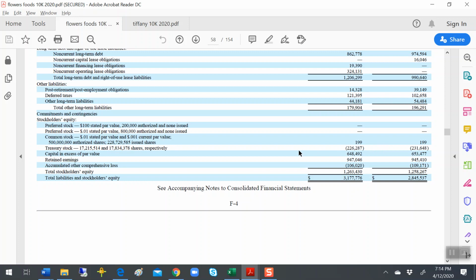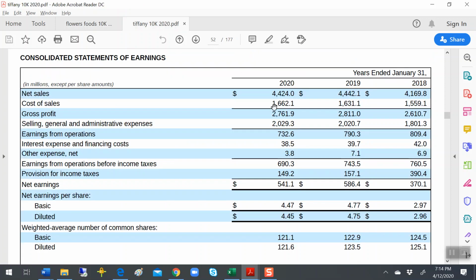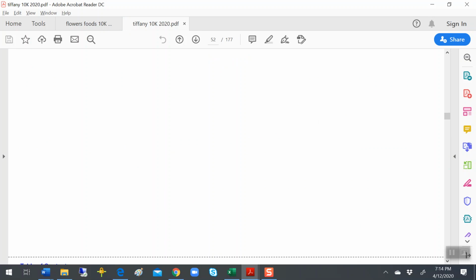But what people actually paid is the common stock plus the capital in excess of par value. So what people actually paid gets split into two pieces: common stock and then paid in capital, capital in excess of par value. It goes by different names at different companies, but it's all the same basic concept.